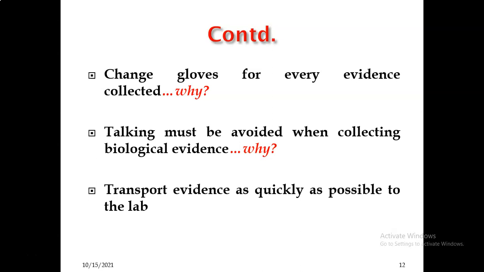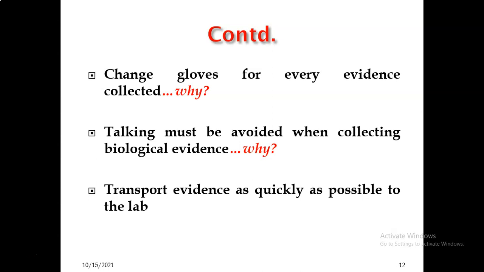And why do you think it is necessary for a crime scene investigator or biological evidence collector to change gloves for every evidence that he or she is going to collect? The answer is simple. If you don't change gloves, there is a high possibility that you transfer evidence that you initially picked to the next one.